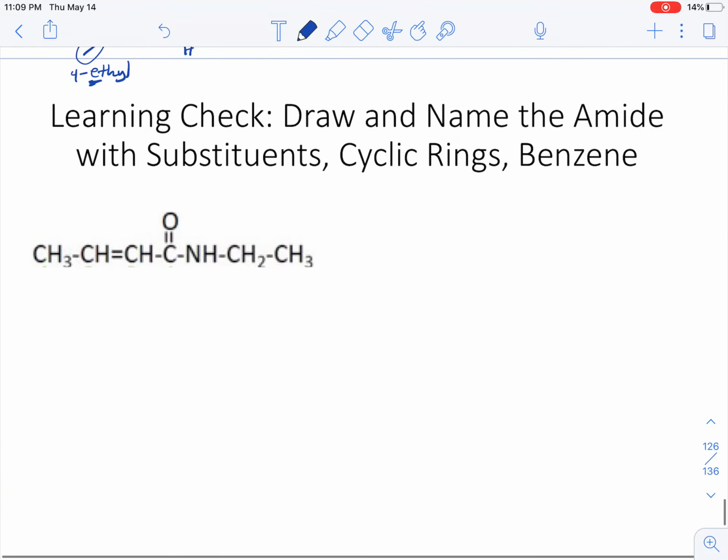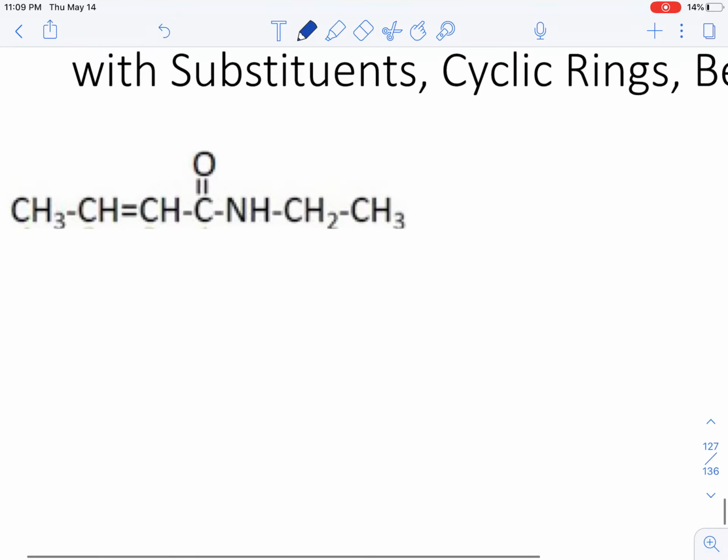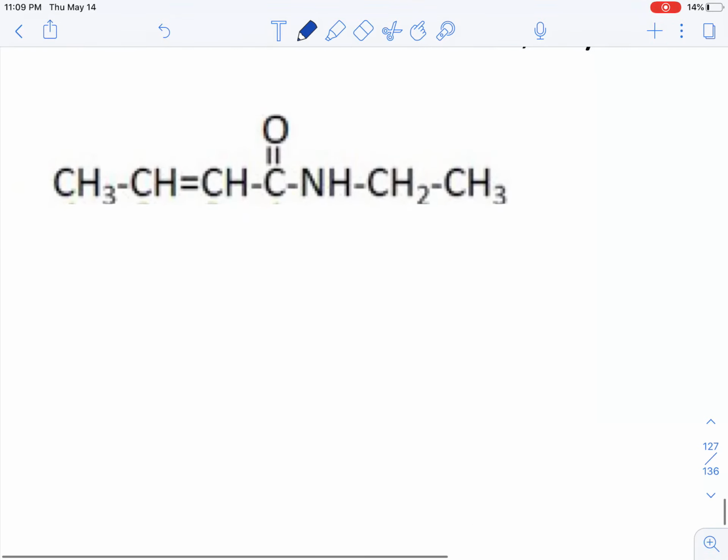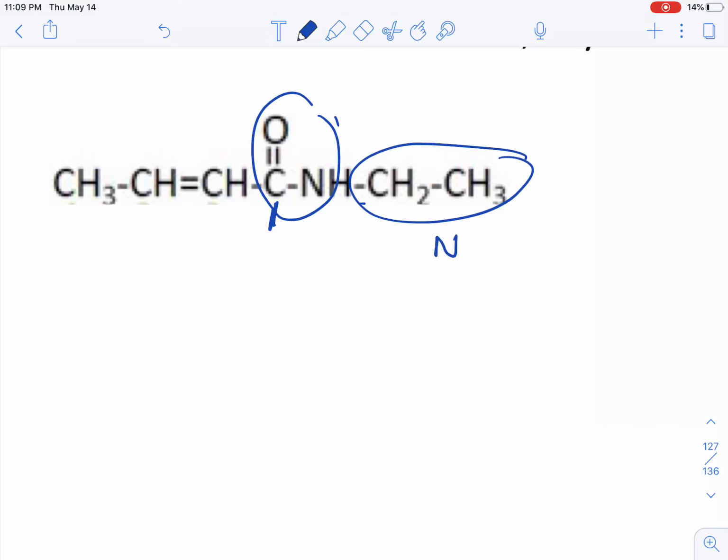Let's see here. For this one, I'll go ahead and name this really quickly. Notice that I have my amide here. So this is carbon 1. Here I have an N-ethyl. Here I have 1, 2, 3, 4. So this is but. And then I have a double bond, so that's butenamide.